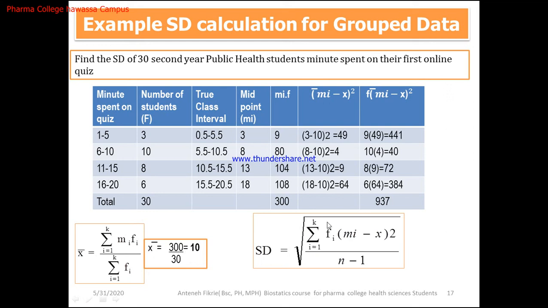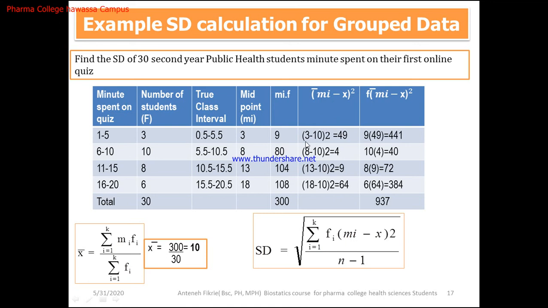The standard deviation is then the square root of the summation of class frequency times (midpoint minus mean) squared, divided by n minus 1.